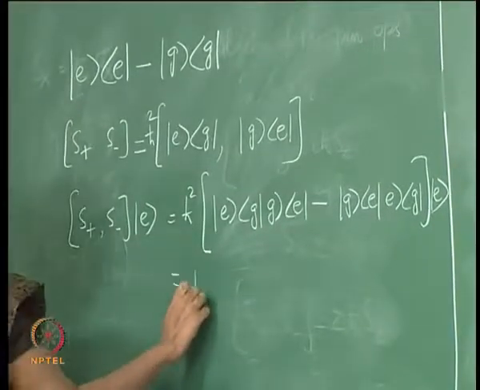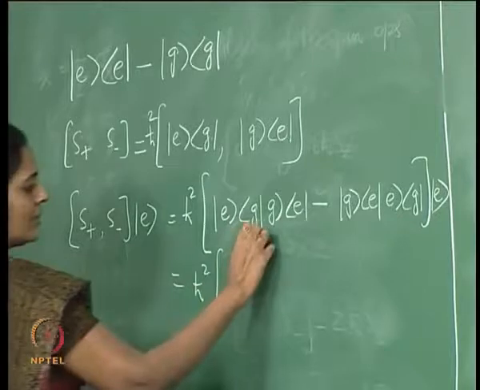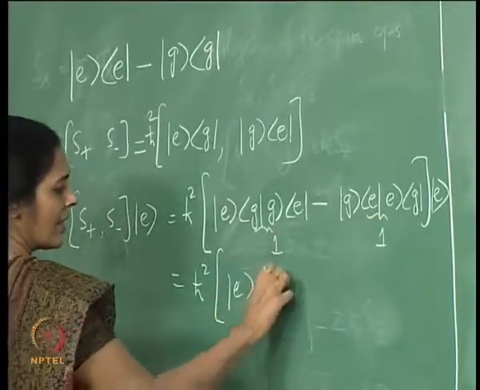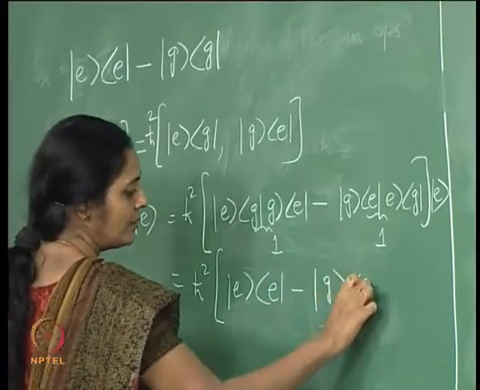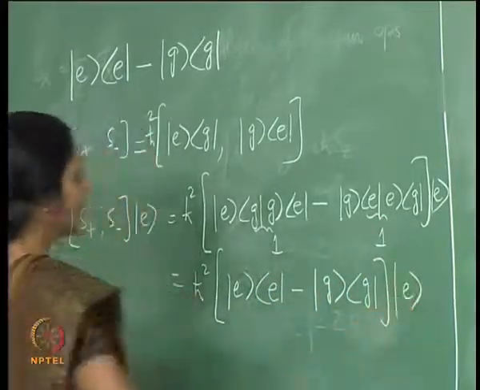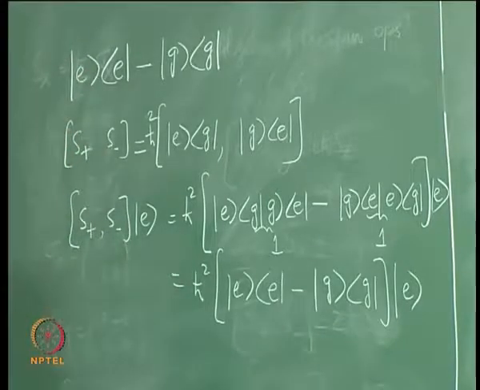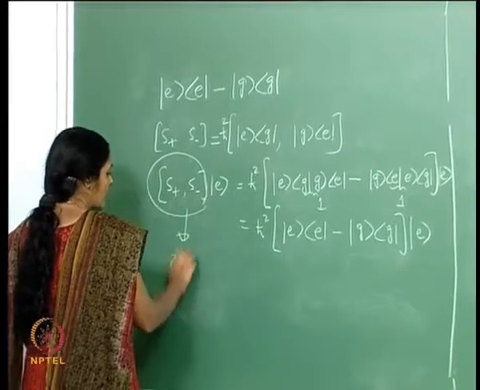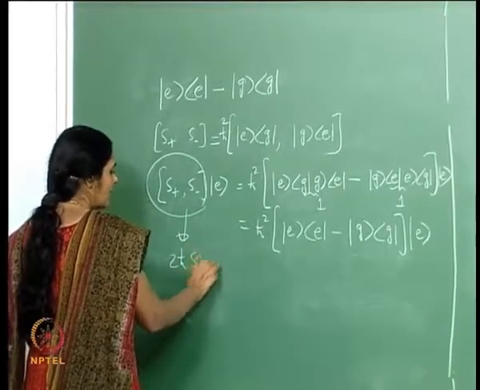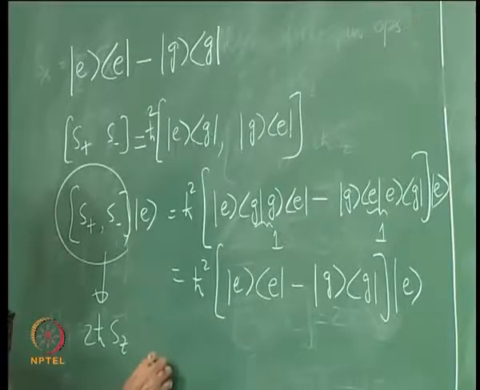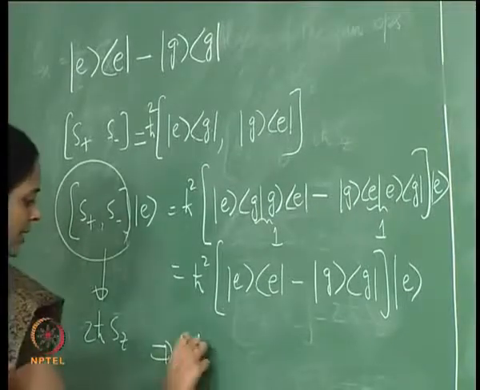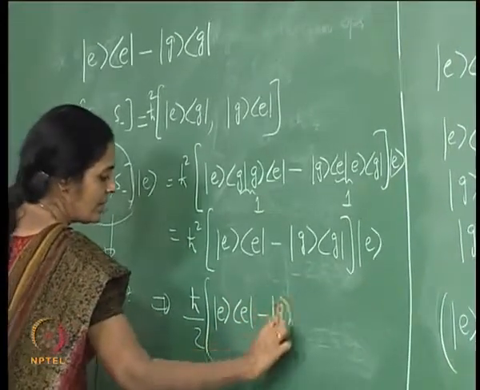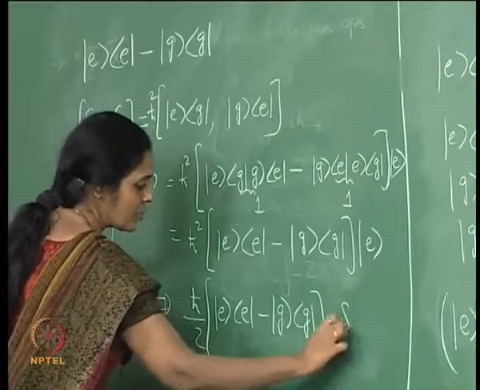So if we take a look at this, this is 1, this is 1, and I can write it as |e><e| minus |g><g| acting on ket e. And lo and behold, that's what I was trying to find. But I do know that this commutator of S plus and S minus is 2ħ Sz. And therefore, I understand that ħ by 2 times |e><e| minus |g><g| is equal to Sz.